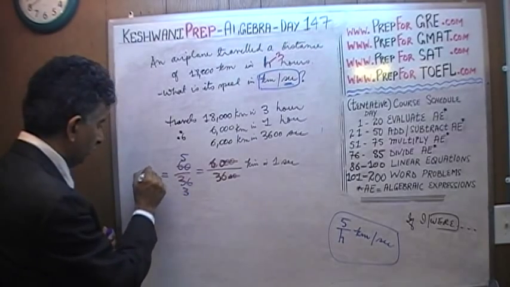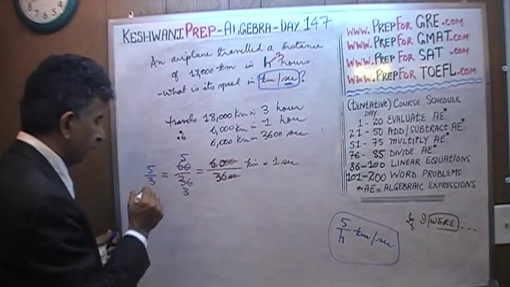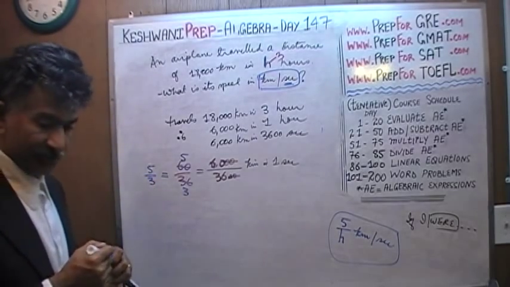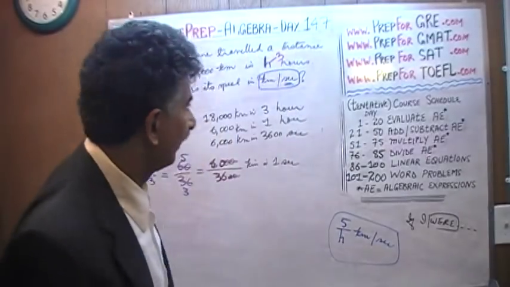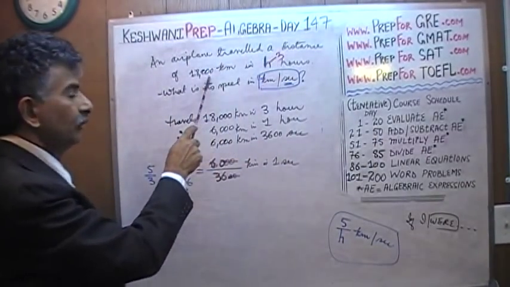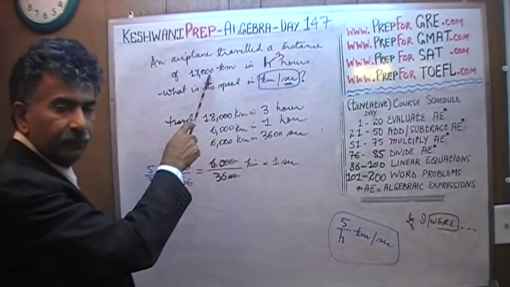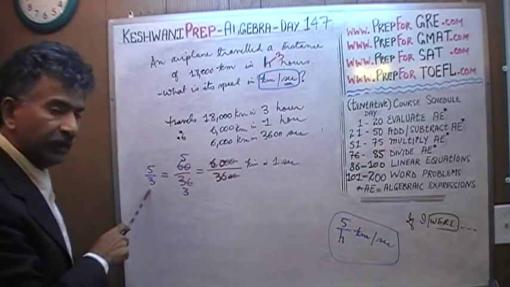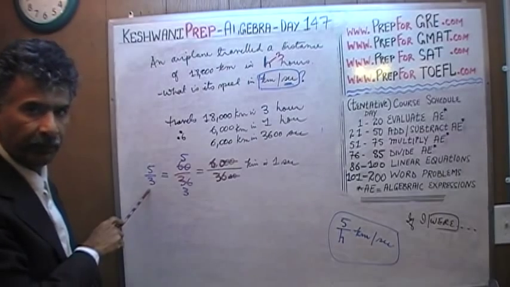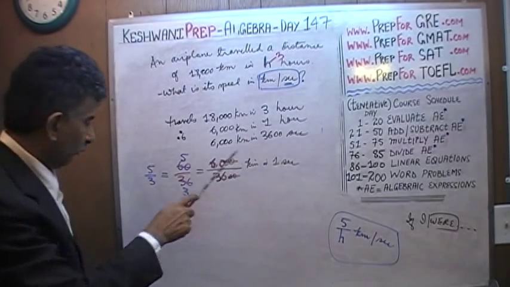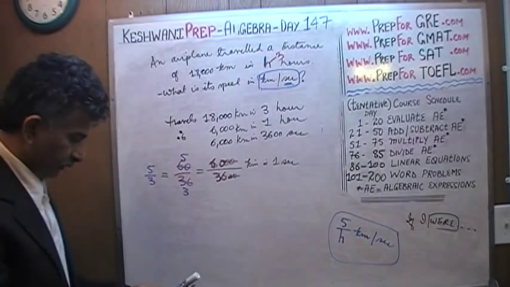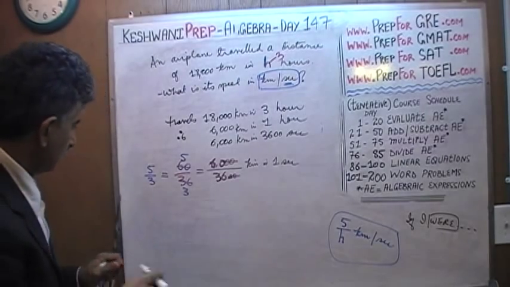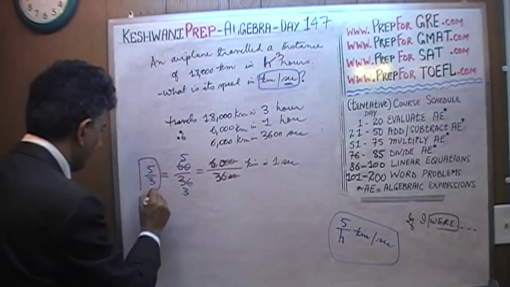So it turns out what we're claiming is that this airplane, which has taken 3 hours to travel 18,000 kilometers, has traveled on average a distance of 5 over 3 kilometers every second. Now watch here, 5 over 3. Compare this answer.